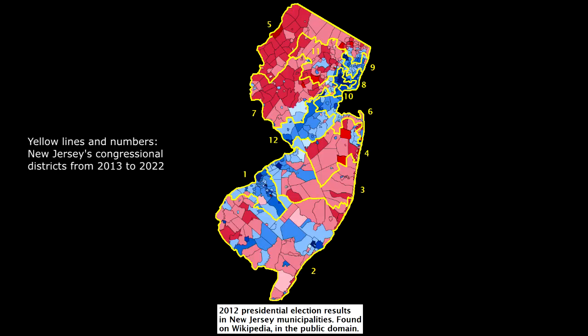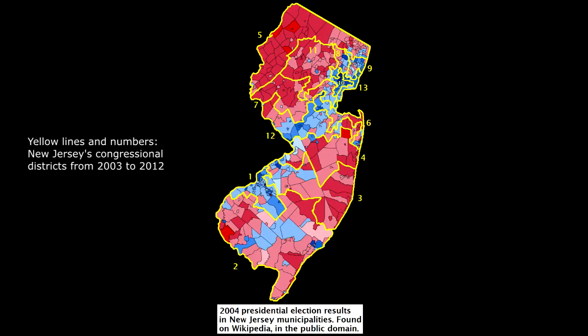As an example of packing and cracking, look at Districts 1 and 3. Under the previous map, District 3 included a big Democratic town in South Jersey called Cherry Hill. Even though the district leaned red, Cherry Hill had helped make it more competitive for the Democrats, and a Democrat even succeeded at flipping the district for one term before the Republicans got it back.